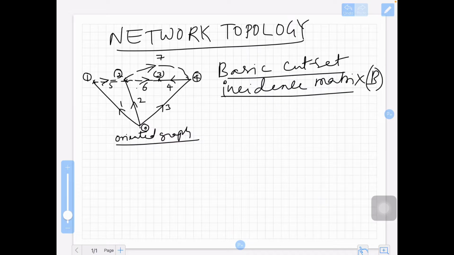These three matrices what you are learning today are important. They keep on asking in the university exams. So first, let us deal with this basic cut set incidence matrix B. Here the incidence of elements to the basic cut sets of a connected graph is shown in the matrix B. Here this matrix B is having three types of elements, that is 1, minus 1 and 0.